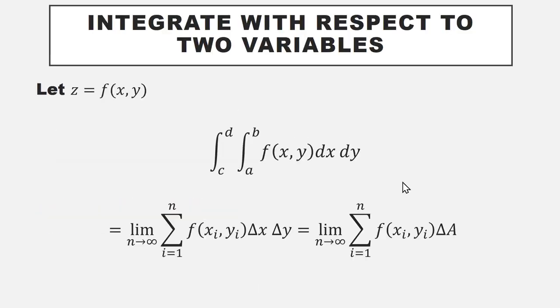So specifically, here's what's going on. If I have a function that has two variable inputs, and I do a double integration, one with respect to x and then with respect to y, or vice versa, it doesn't matter, then we're going to get a summation, but we're going to have a small change in x and a small change in y multiplied times this, which remember is a z value.